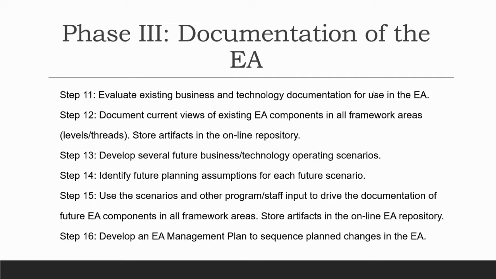of a business enterprise. This part of the EA documentation approach concludes with the creation of the EA management plan, which outlines the present and future perspective of the architecture and offers a transition and sequencing strategy for short and long-term modification.